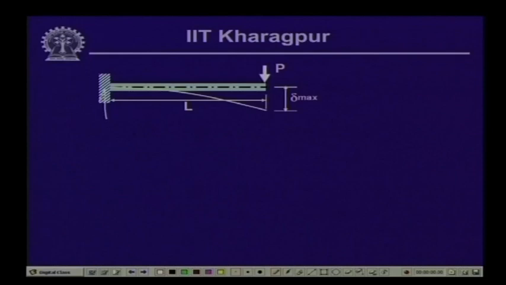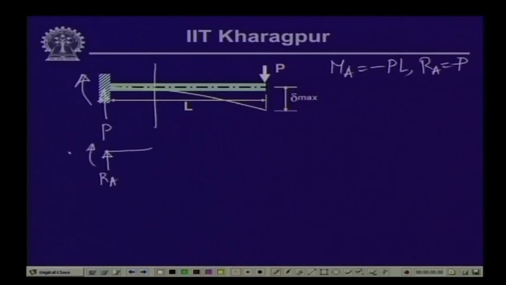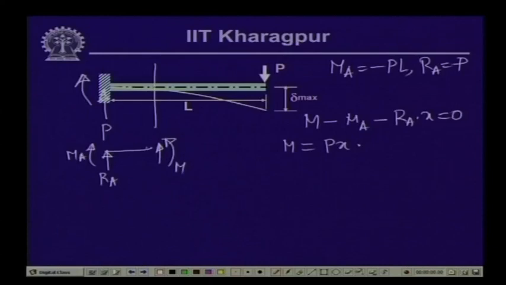We have R A equals P, and the moment M A equals minus P into L. Hence, if we take a cut over here and draw the free body diagram, we have the reactive force R A, the moment M A, and here the shear force and the moment M. If we take the moment of all the forces here, we have M, this is M A minus R A into x, equals 0, and hence M is equal to R A into x, which is P into x, plus M A, which is minus P L.